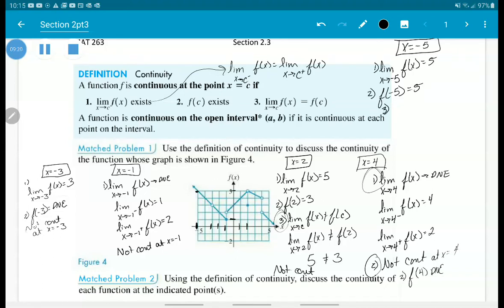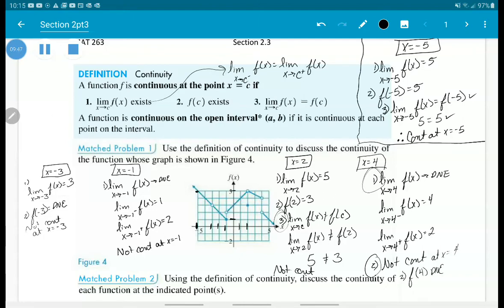And then, does the limit at -5 equal the value of the function at -5? And yes, they do equal each other because we got 5 for both of those. So we can conclude that this is continuous at x equals -5.